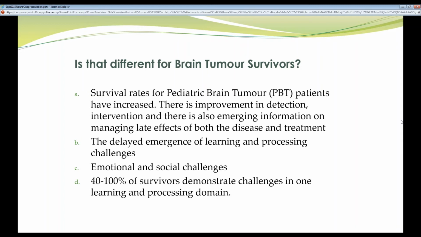And there's also a lot of information to support that there's an emotional and social challenge as well that the pediatric and the young adult cancer survivor face. If you look at how the processing and the memory works for these young adults, 40 to 100% of them have a challenge in one area of learning and processing, and that really can trickle down to other things, which we'll get into.